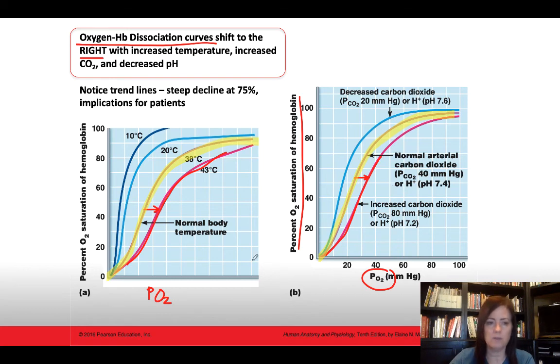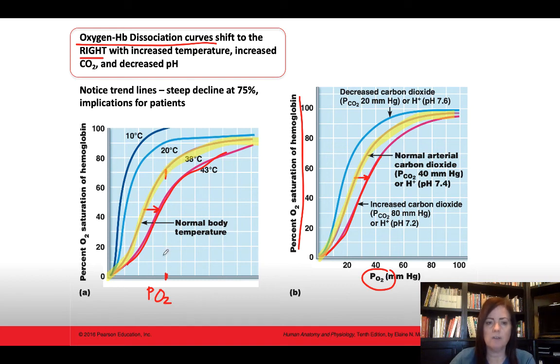So what does that mean? That means at the level of the tissue, let's say a partial pressure of oxygen of 40. So we're going to be about, where, 1, 2, 3, 4. Yep, 1, 2, 3, 4. So about here, where normally the percent hemoglobin saturation at that level would be about 70.